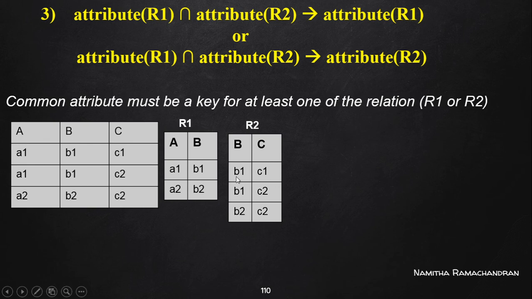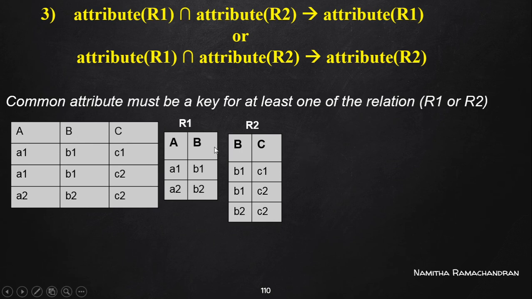Means this B attribute is not a candidate key of this R2. But this is not an issue here because B forms a candidate key in this relation R1. That is enough. So condition 3 is satisfied here.